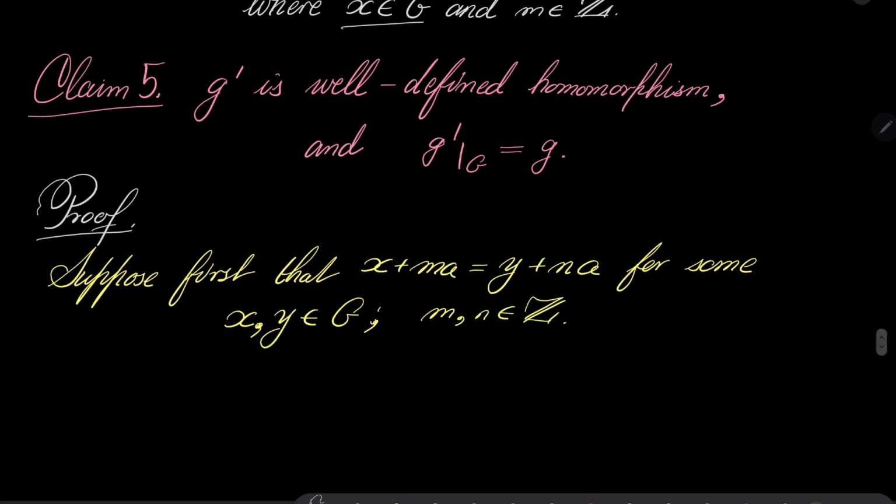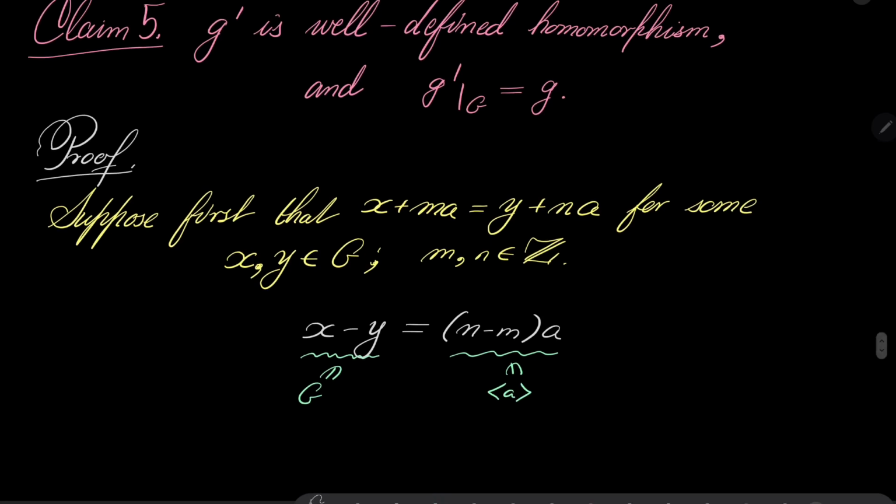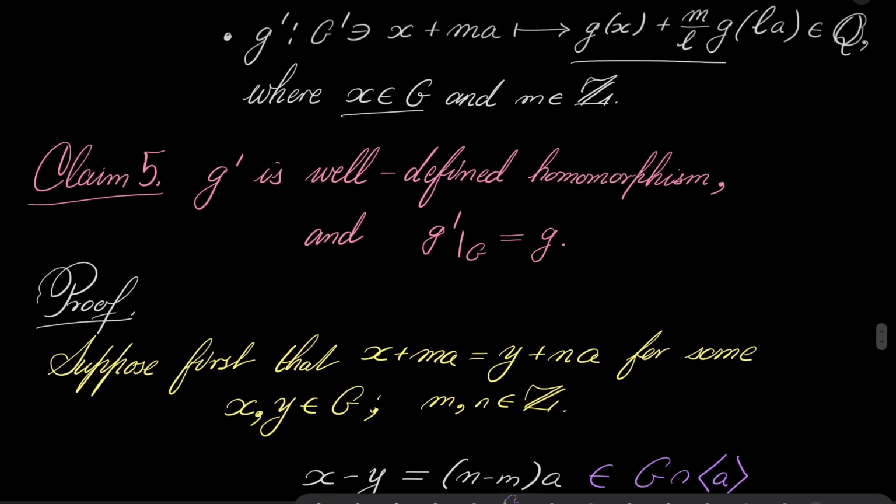Notice now the following. We can write it as x minus y equals n minus m times a. This element is of course in G, because x and y are from G, while this element is of course in the group generated by A. Since they are equal, both of them are in the intersection of these two groups. And remember that we assume that this intersection is generated by LA.